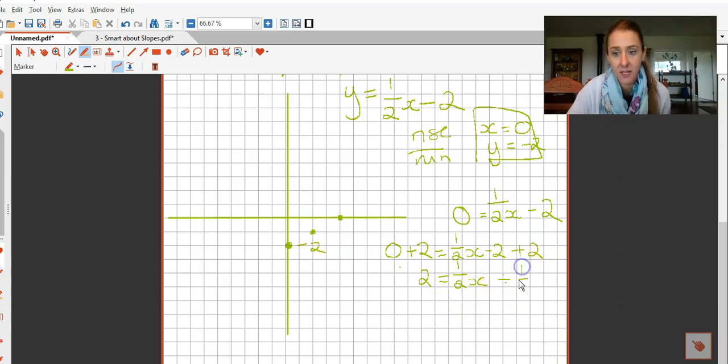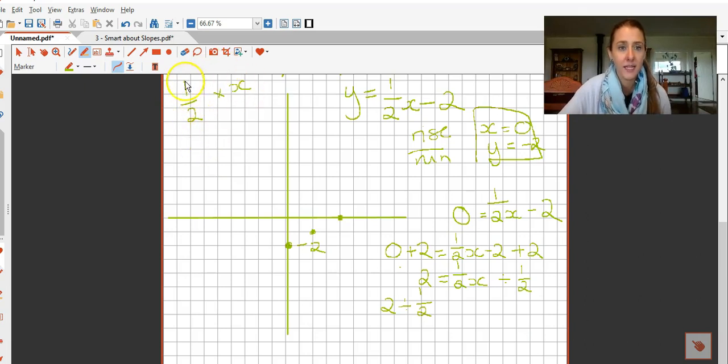So then I would have to go 2 divided by 1/2, is equal to this. The other thing is that if I've sort of gone off on a tangent here, sorry, if I break this down, I've got 1 divided by 2 times x.